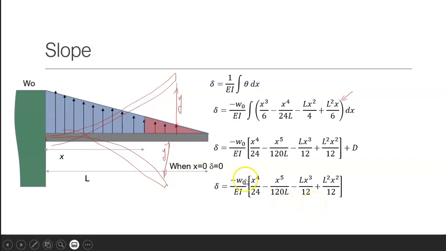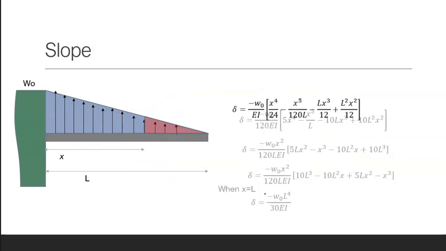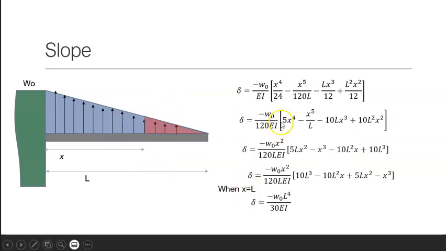I just want to simplify this by taking the 120L out and bringing that outside. When I take the 120 and the L out, and I've taken x squared out, I have this equation here.